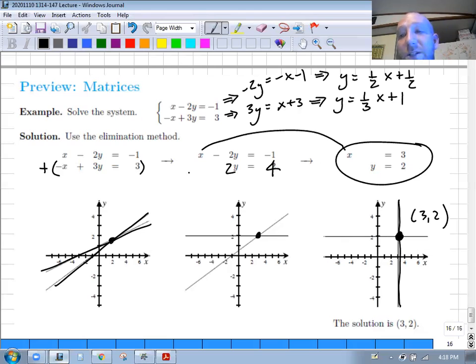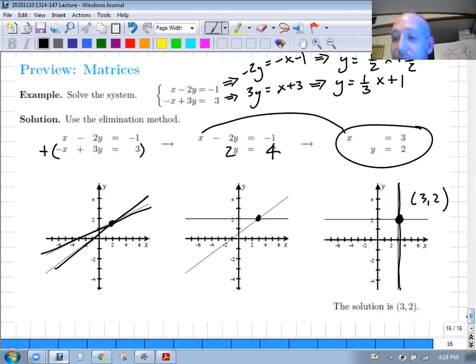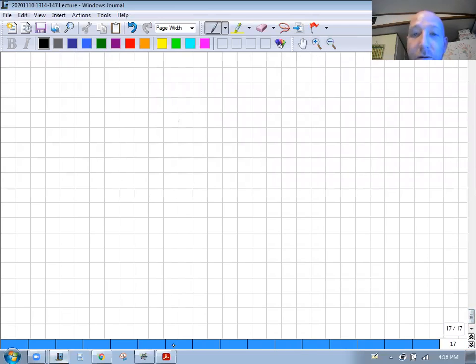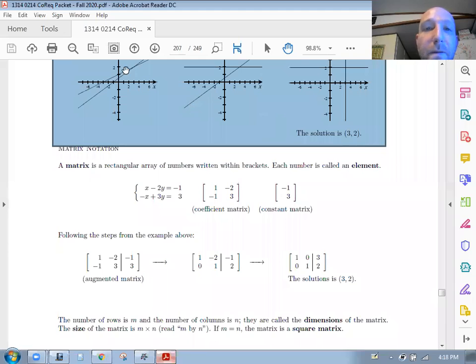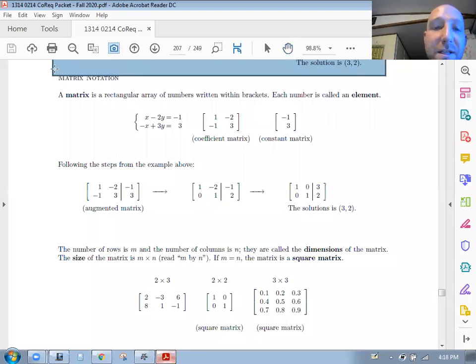So this elimination act is slowly converting things to horizontal and vertical lines. Let's look at matrix notation.